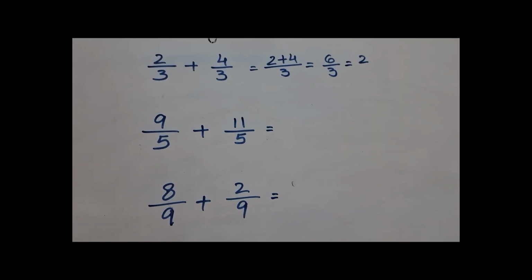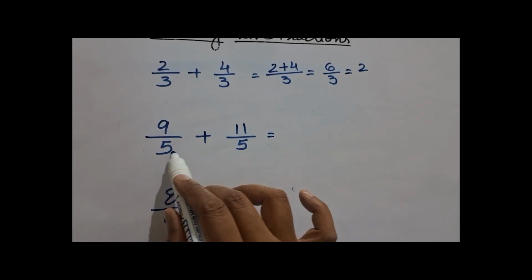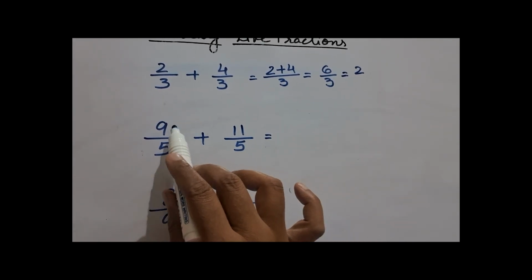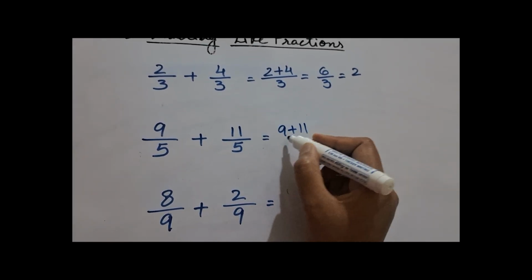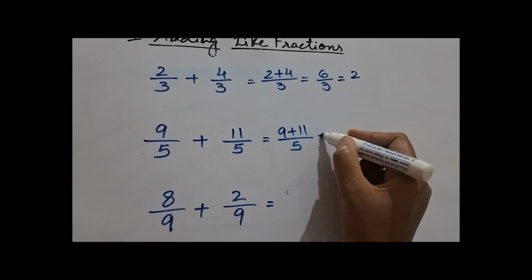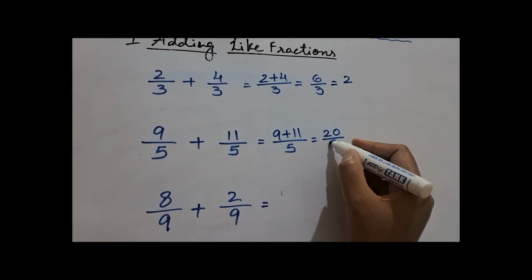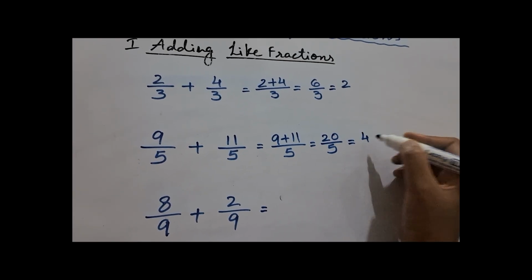Coming to the next one, 9 by 5 plus 11 by 5. These both are like fractions. So we need to add the numerators, denominator being the same, which is equal to 20 by 5. 20 by 5 can also be written as 4.